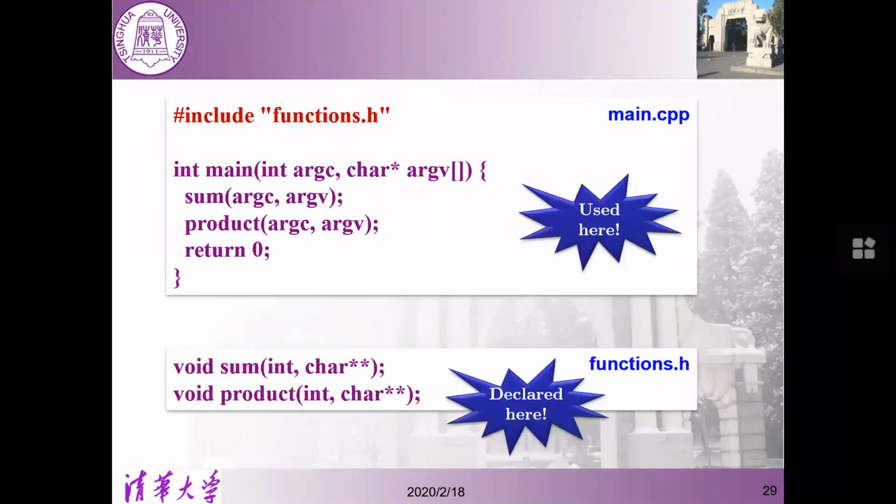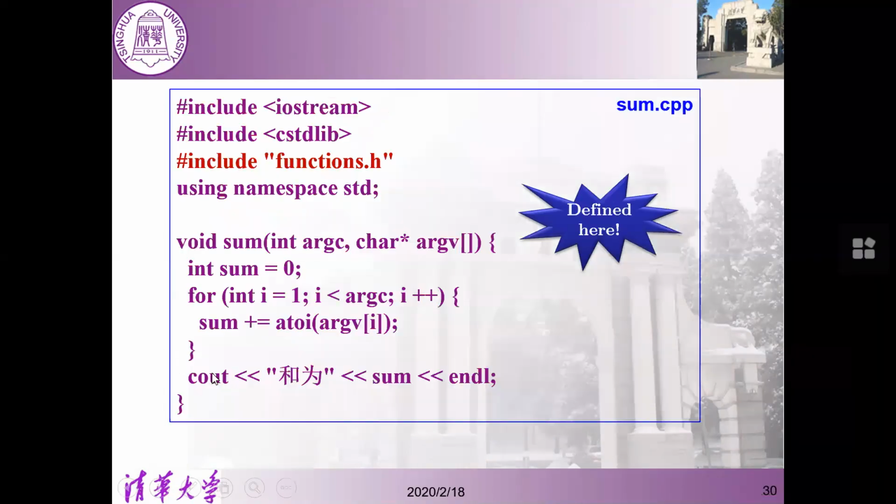And this is the way how we use functions and header files. In the source where we use the declared functions, we should include this header. Right? Here, we need to have some include guard in this functions.h.